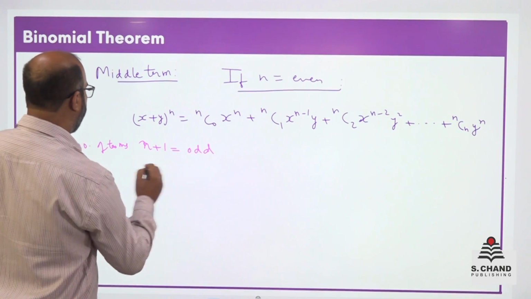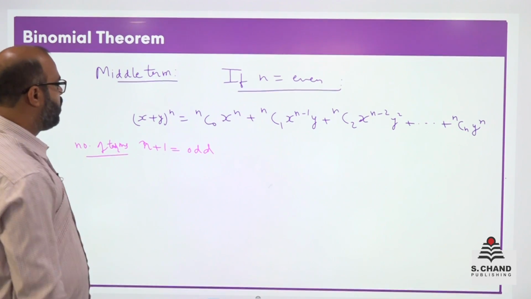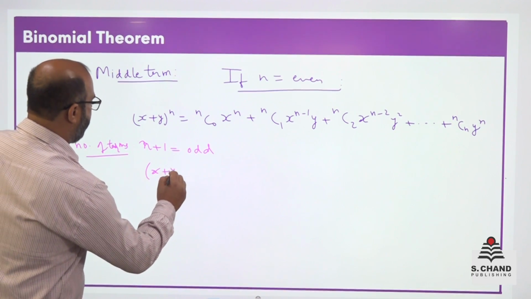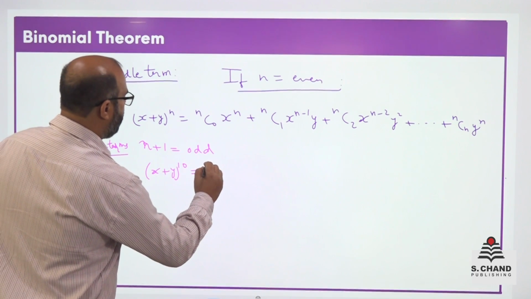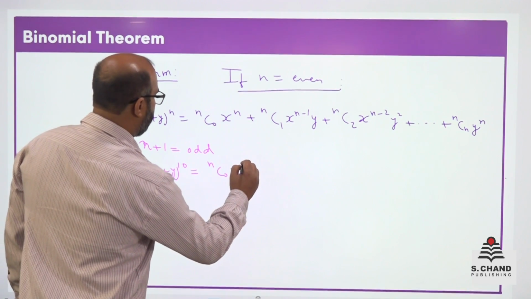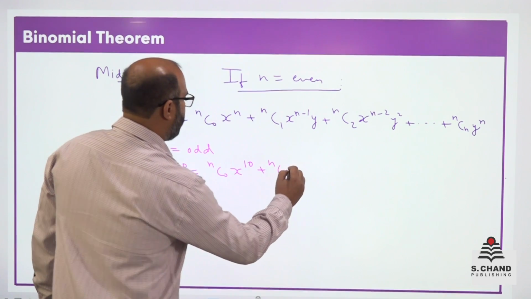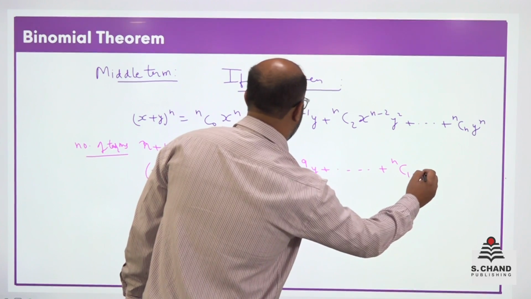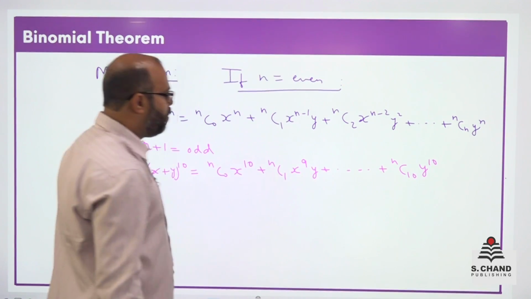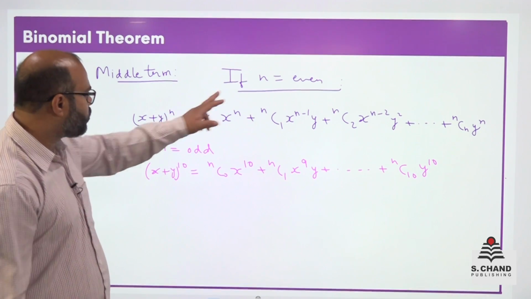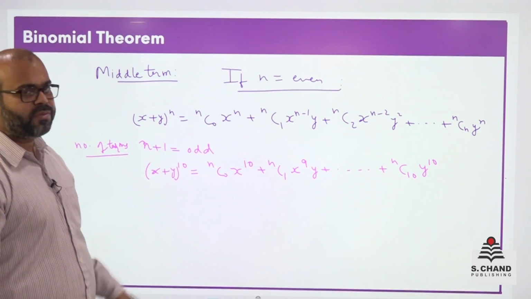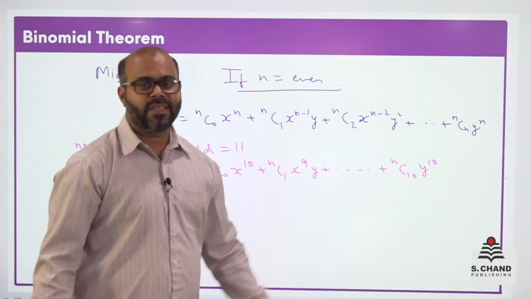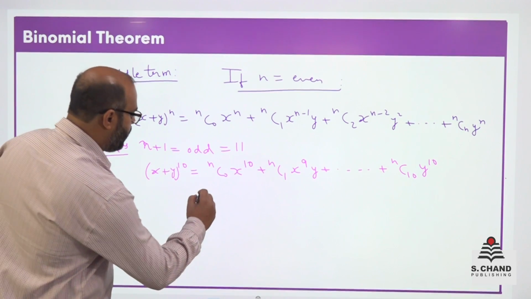Now if there are an odd number of terms, for example take (x + y)^10. The terms are nC0 x^10 plus nC1 x^9 y, and so on, up to nC10 y^10. The number of terms is 11. Since n is even, n+1, which is 11, is odd. Then the middle term is the sixth term.